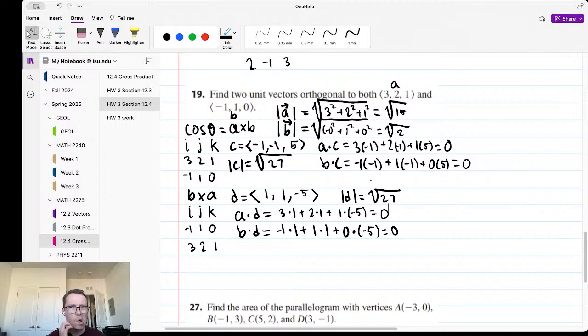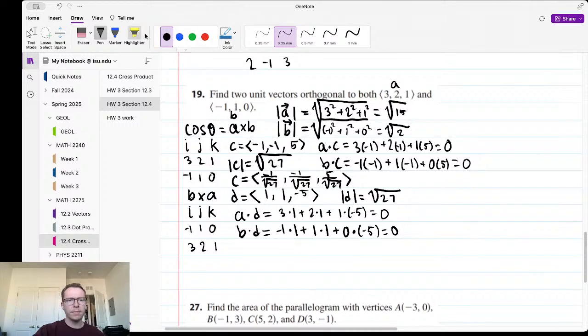And so in order to get it, we need C to equal 1 over root 27 times those. So -1 over root 27, -1 over root 27, and then 5 over root 27. And then I'll highlight that as our answer.